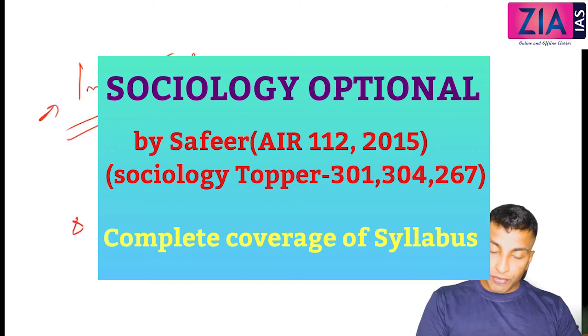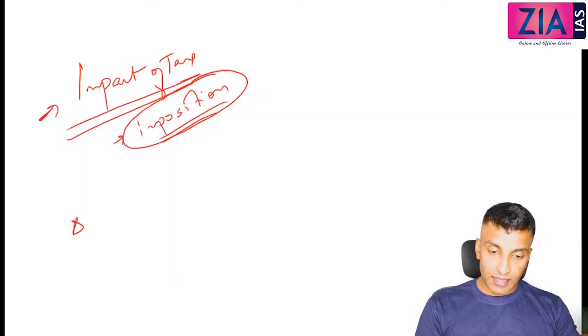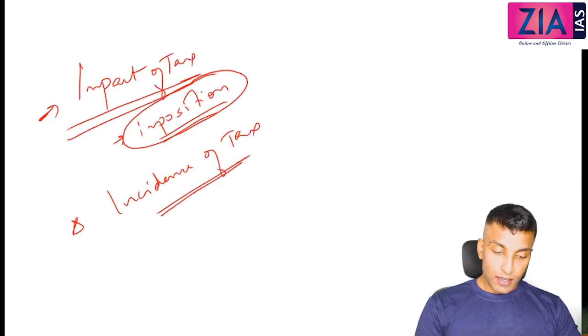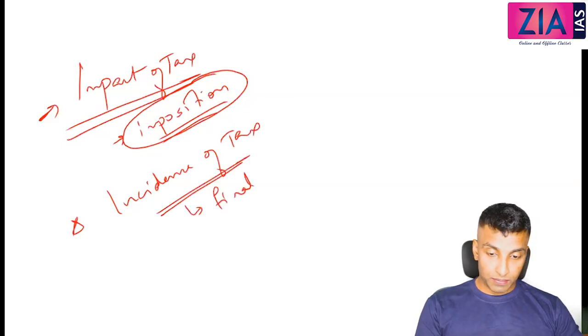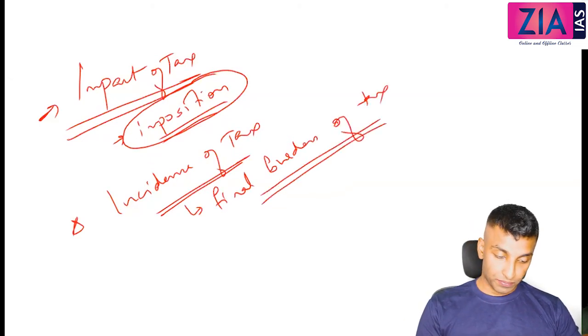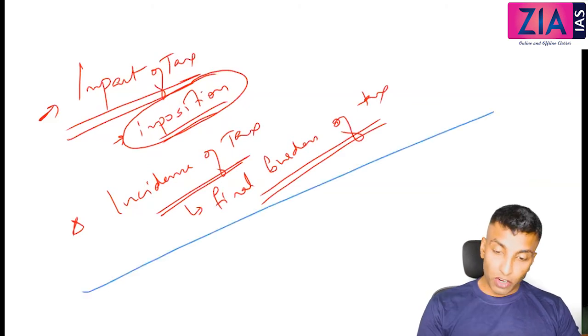Second concept to write. After discussing the second concept, I'll discuss the relation between the two. Incidence of tax. So incidence of tax is actually the final burden of tax. Upon whom the final burden is there. Okay. So here now if you take this example, government imposed tax on whom? Shopkeeper.